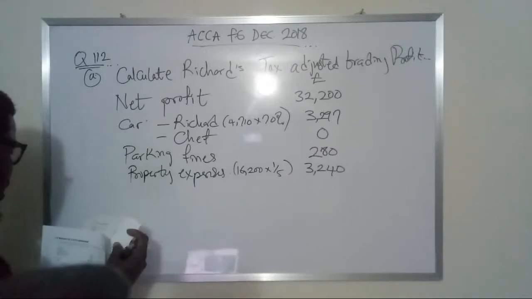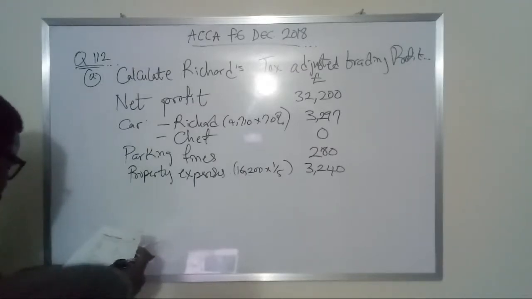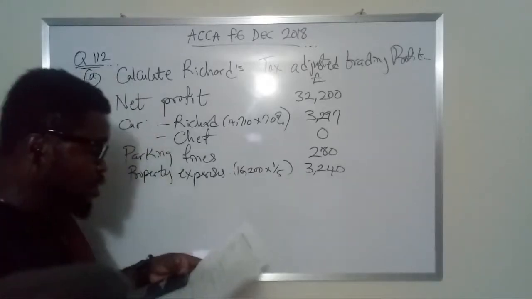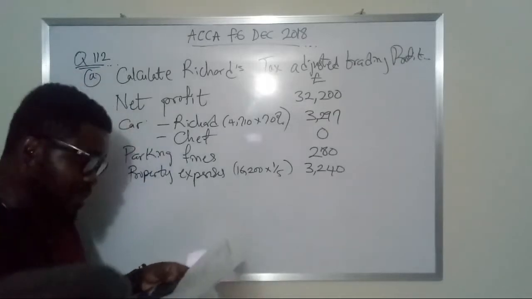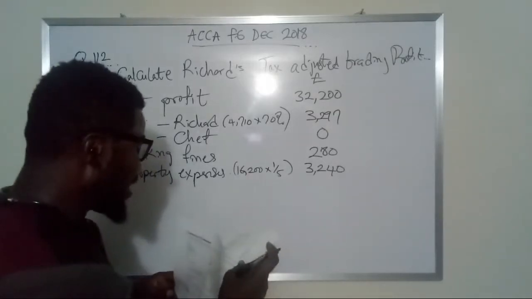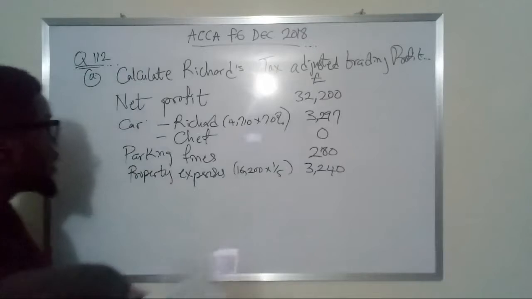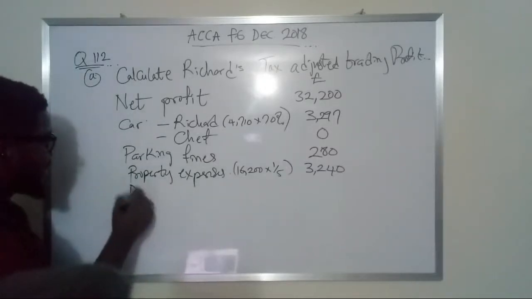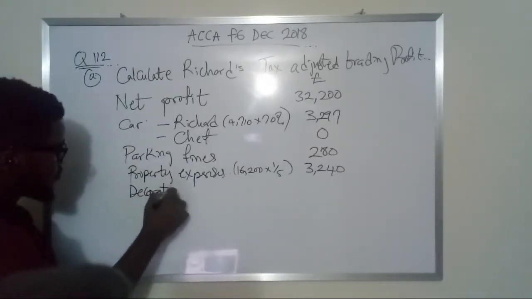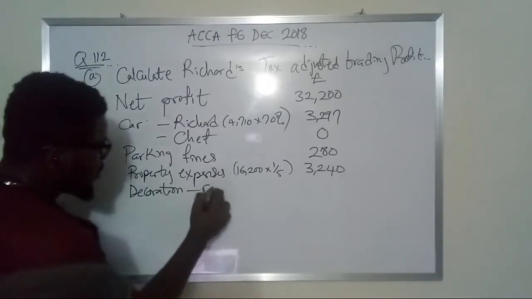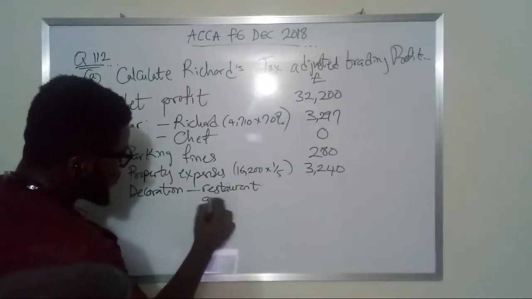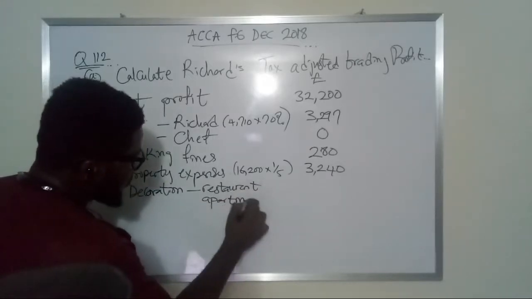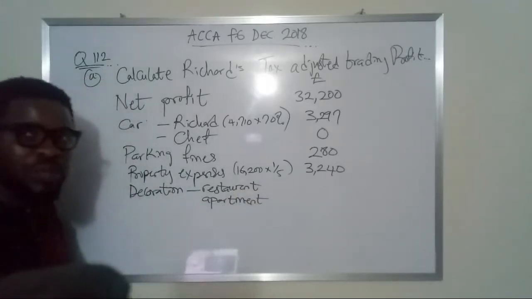So 3 should be decoration, repairs and renewals. Repairs and renewals as follows: decorating the restaurant, 5,100; decorating the apartment, 1,320. This is restaurant. This is apartment. This is the same principle.